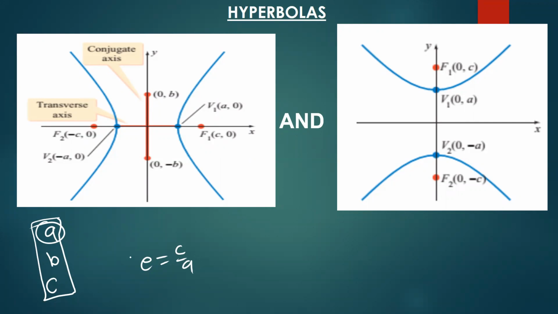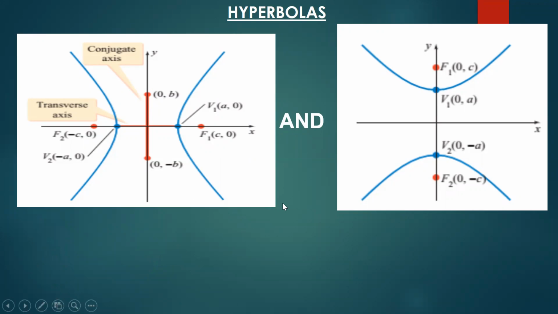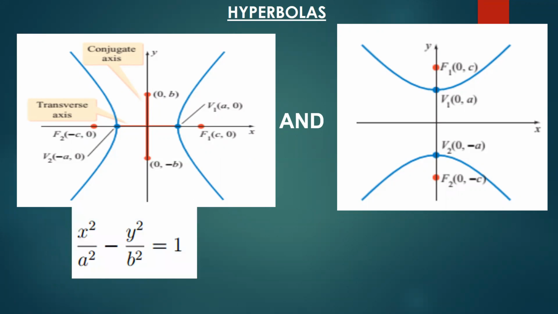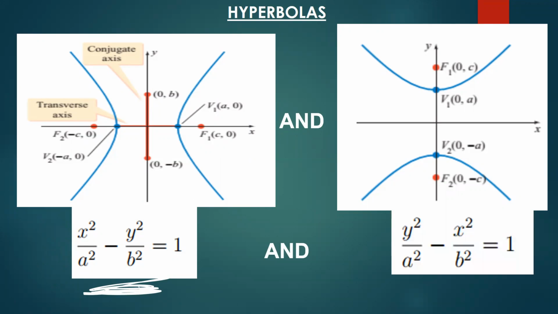Okay, so let's quickly continue. So when the curves are along the x-axis, this is the formula. So this is the general formula. Then when the curves are directed along the y-axis, the formula is this one. So now, how do you know that here it's directed in the y or in the x? So you simply just check the first term there.